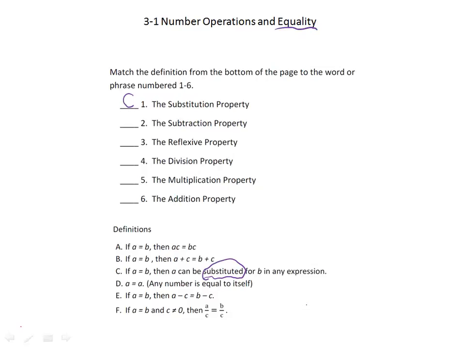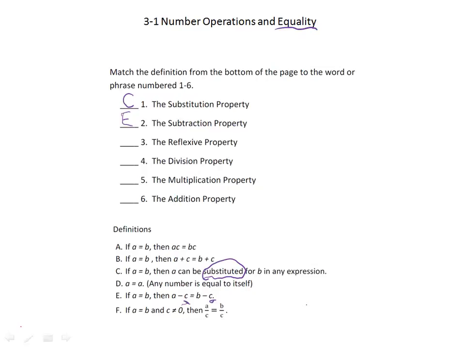Okay, so they're subtracting an equal amount from both A and B right here. So the subtraction property is E. If A equals B, then A minus C equals B minus C. And you've been using that property for years. It's the subtraction property of equality.